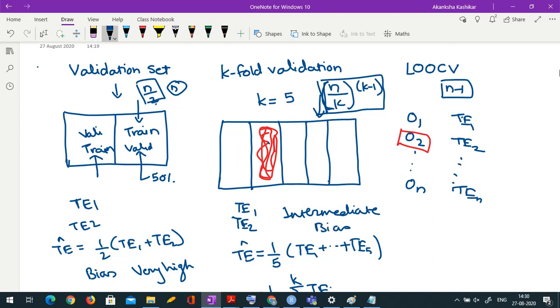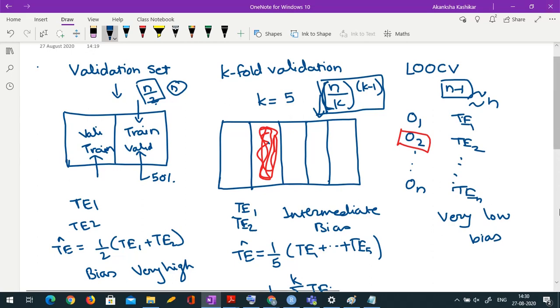Whereas in LOCV, my model is fitted on the basis of n minus 1 observations. So n minus 1 means I am almost using the entire data. So my test error would be quite accurately estimated. As a result, my bias is very low in LOCV.